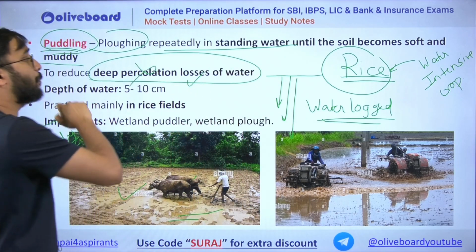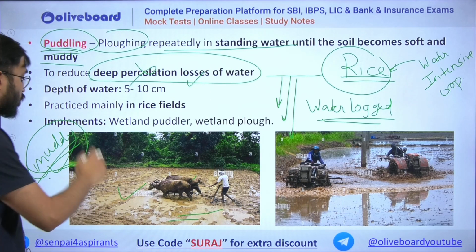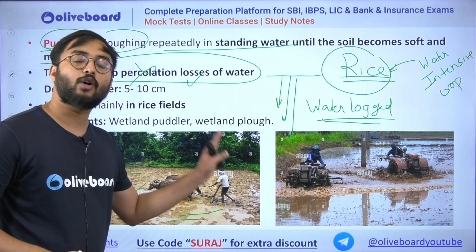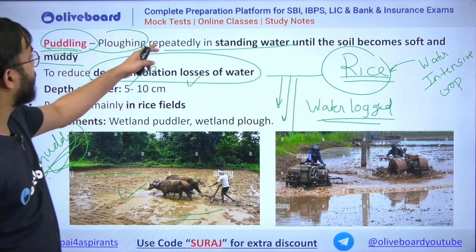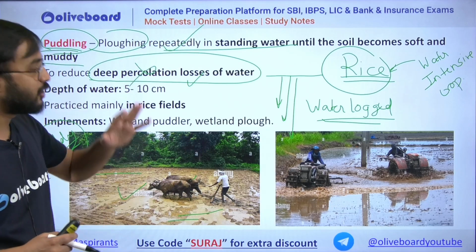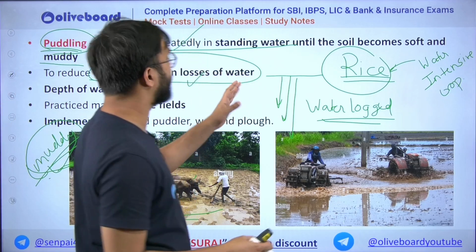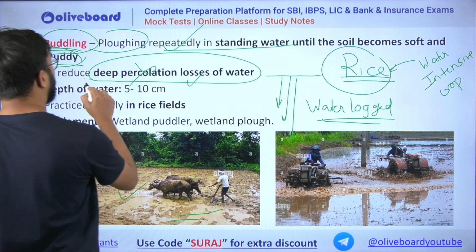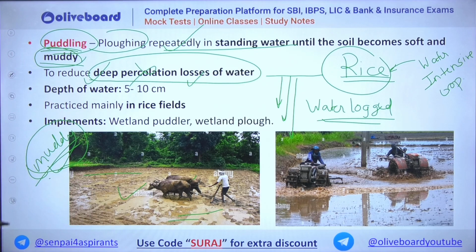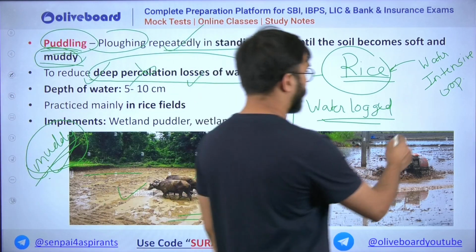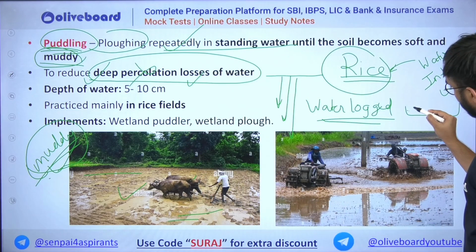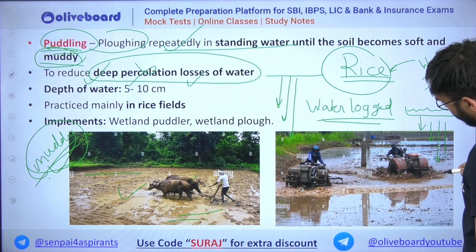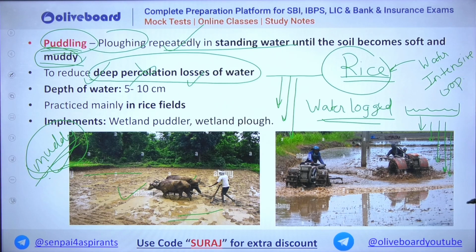Now, to prevent the percolation of water into the soil, water is excessively filled into your agricultural land or your field, and then such standing water is repeatedly intermixed with the soil such that a muddy situation is achieved, and therefore the percolation of the water would be reduced. For example, suppose if this is your field and suppose this much water was there and it was percolating into the lower layers of the soil.